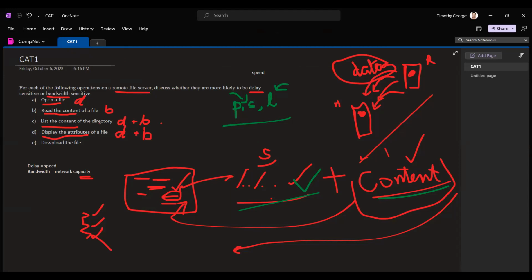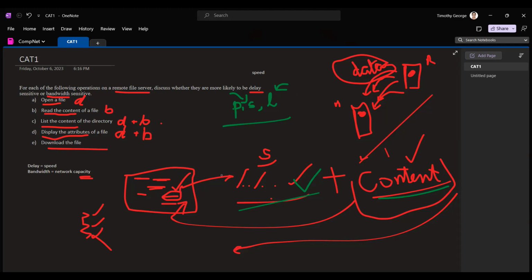And finally, downloading the file. It seems like downloading the file follows the rules of delay and bandwidth sensitive.